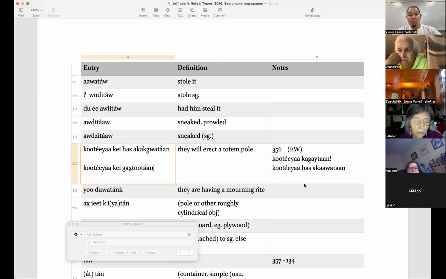Why wouldn't you have it in the imperative? Would there be a directional on the totem pole because it's a motion verb?